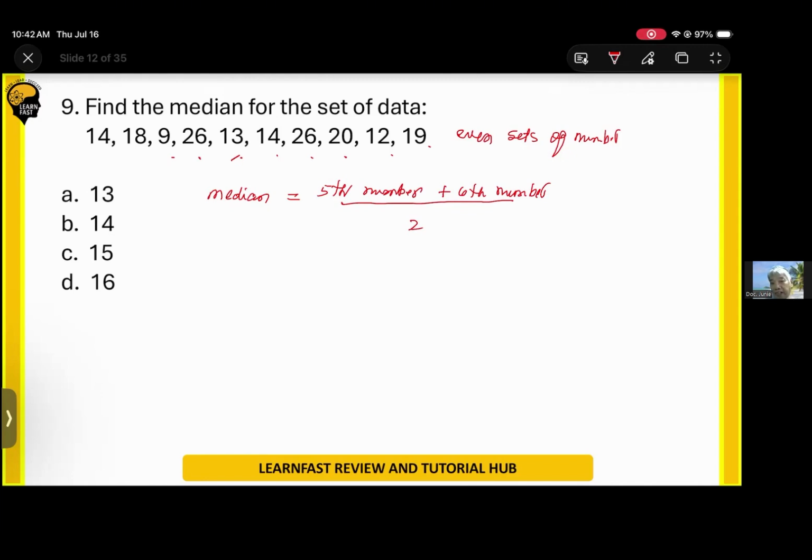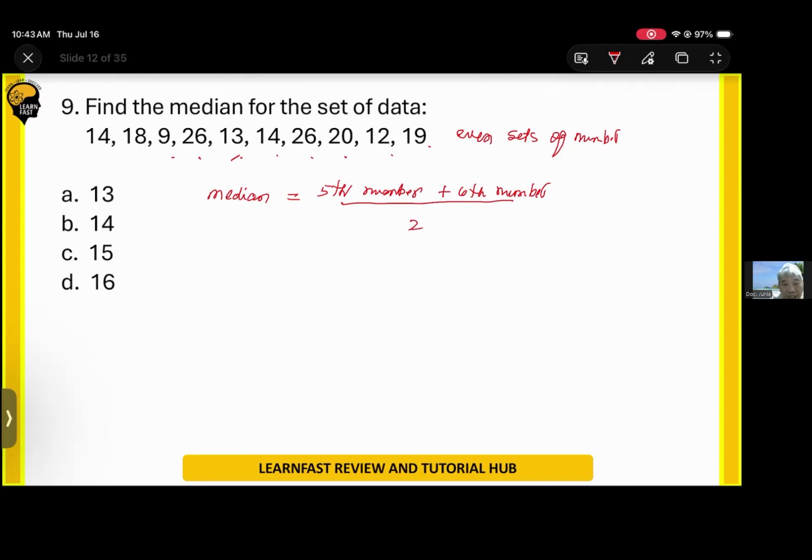Again, since there is an even number of values in the set of data, the median is obtained by pulling out the fifth number and adding it to the sixth number, and the sum is divided by 2, and that will represent the median. So from the counting, we said that you have to first what?